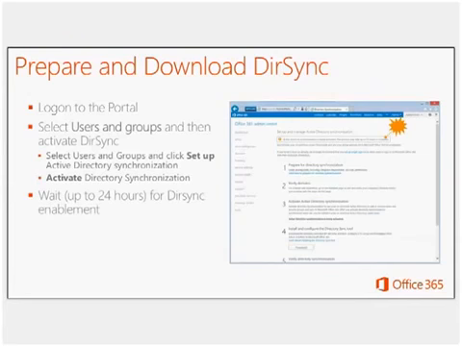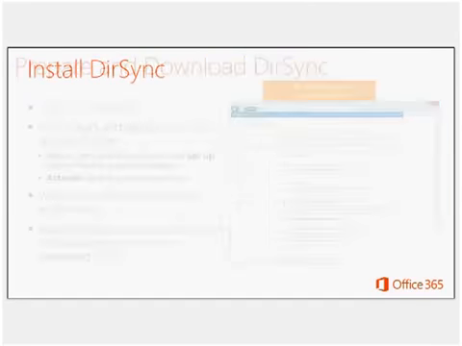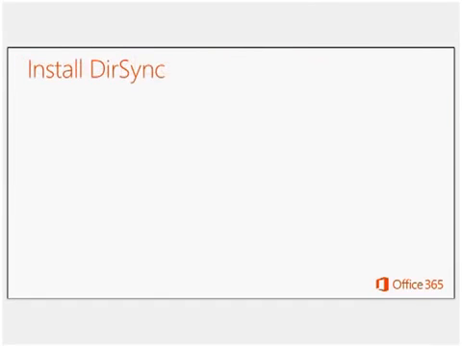And then it says, while Active Directory synchronization might take up to 24 hours, here is the download for the directory sync tool. Then you can download and review the documents and get the tool running. It might take up to 24 hours to be successful, but that is the next step. So you get that directly from the admin portal.